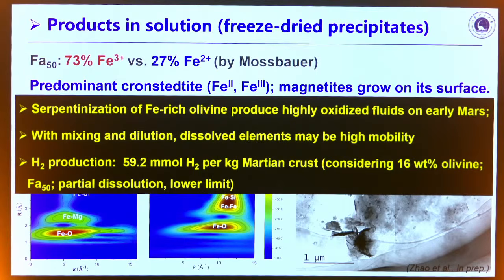Based on our Fa50 experiment, which we think represents the average Martian crust, we estimate that for 1 kilogram of Martian crust involved in serpentinization, we will produce about 60 millimoles of hydrogen.